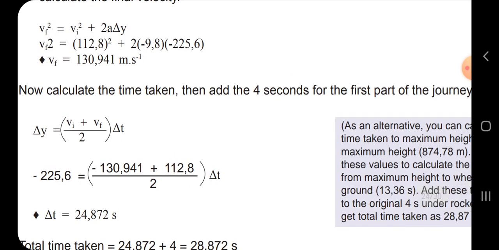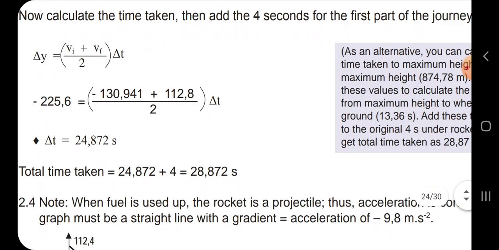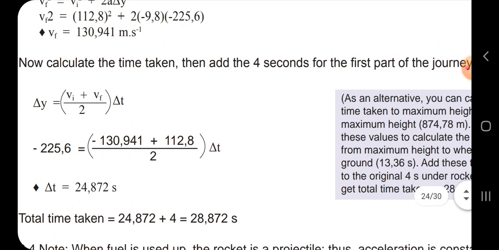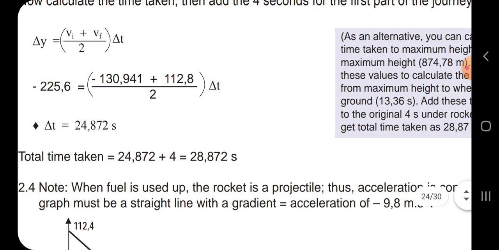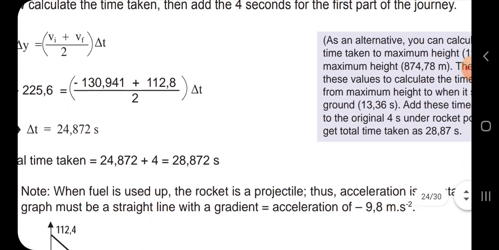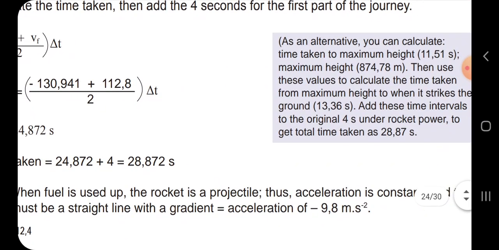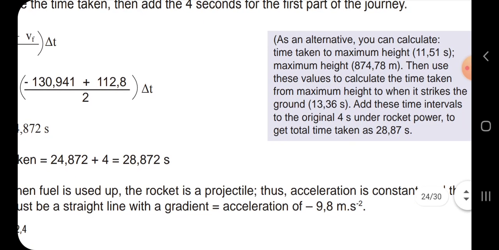Now that we have final velocity, we can calculate time. We go to the formulas to find the one that is best to calculate the change in time. So the total time taken is the time we just calculated plus the 4 seconds, giving 28. I hope you understand this answer. You just have to get your calculator and get working. That's how you will understand everything that just happened here.